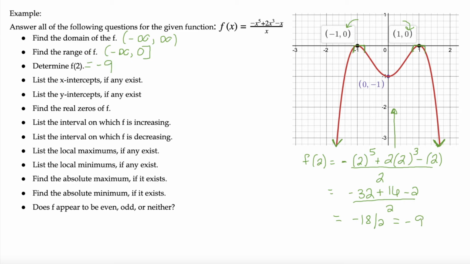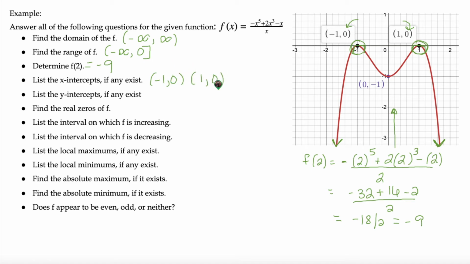List the x-intercepts, if any. We just talked about those x-intercepts, and I'm really grateful for Desmos that it usually has a gray dot that we can click on to ensure that we get those values to be exact. In this particular case, these x values were nice whole numbers, so those values are negative 1, 0, and 1, 0.